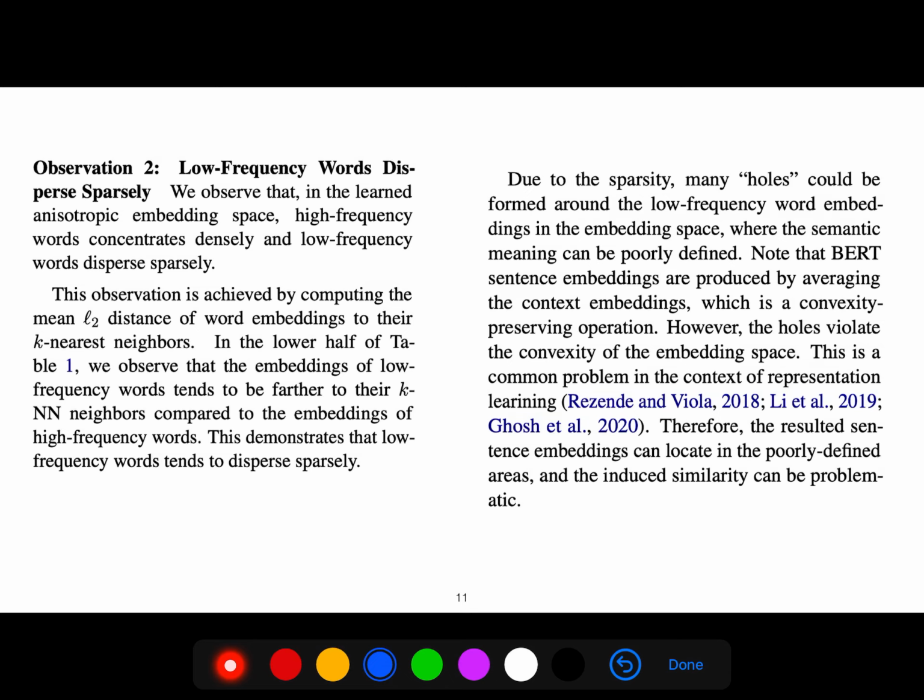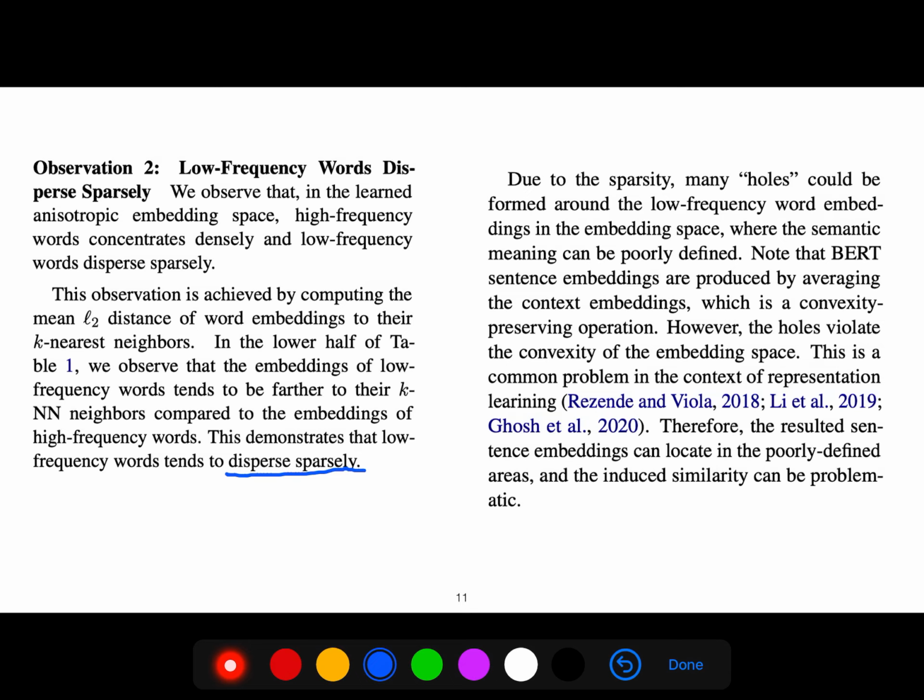In the lower half of Table 1, we observed that the embeddings of the low-frequency words tend to be farther from their k-nearest neighbors compared to the embeddings of the high-frequency words. This demonstrates that low-frequency words tend to disperse sparsely.